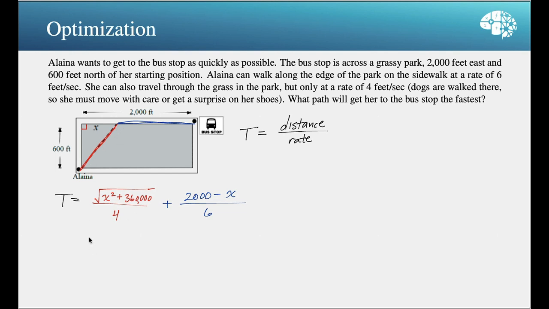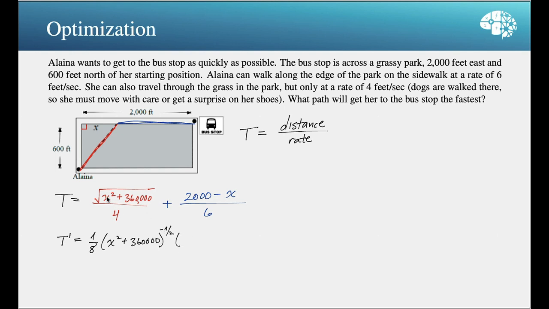So we're going to take the derivative of this. So t prime. Well, the derivative of this square root, we can think of as an exponent of 1/2. So we'll bring that down, and we'll combine it with the 4 to be a 1/8. And then we have x squared plus 360,000 to the negative 1/2.